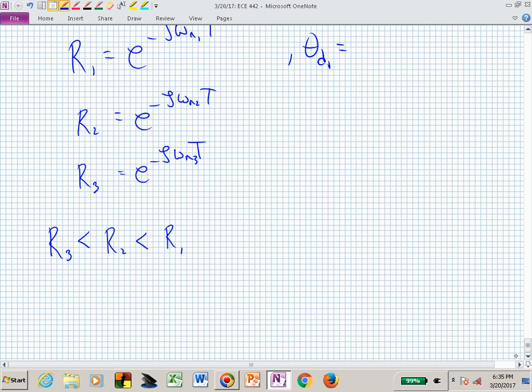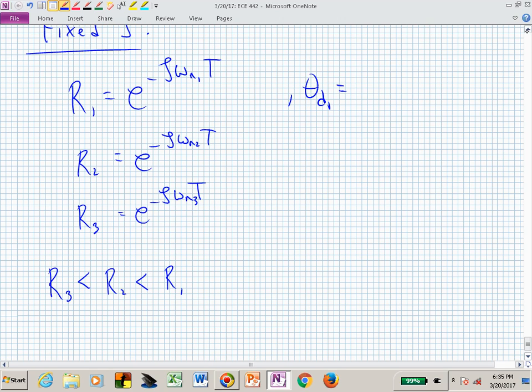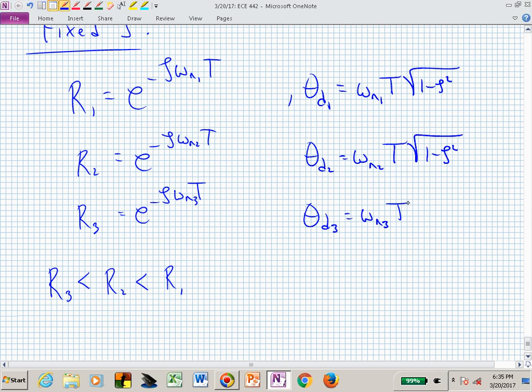So now theta d sub 1 is going to be omega sub n1 t square root of 1 minus zeta squared. Theta d sub 2, omega sub n sub 2 t square root of 1 minus zeta squared, and theta sub d sub 3, omega sub n sub 3 t square root of 1 minus zeta squared.